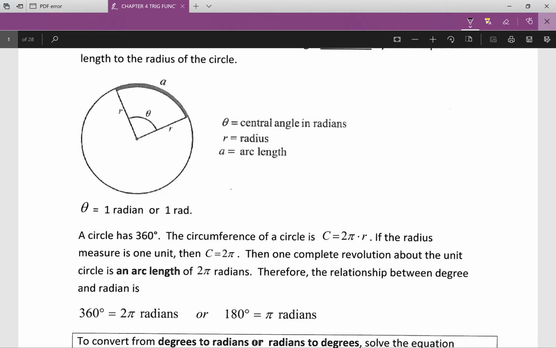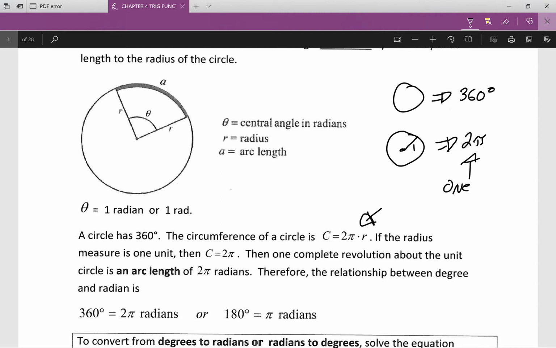So from before, when we had that circle and I divided it into 360 degrees, if I had a circle and said the radius was equal to 1, then the distance around it would be equal to 2 pi. Why? Because C equals 2 pi r. So the distance around my circle is 2 pi, or rather, we say that one rotation is equal to 2 pi.